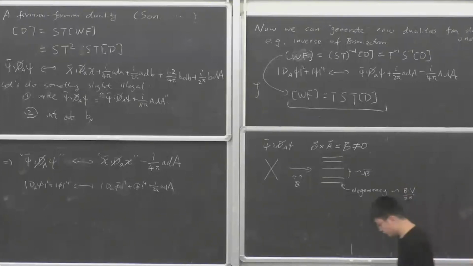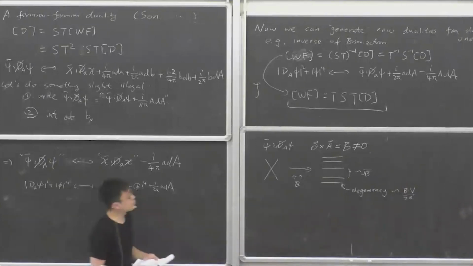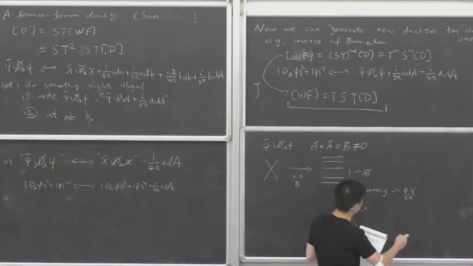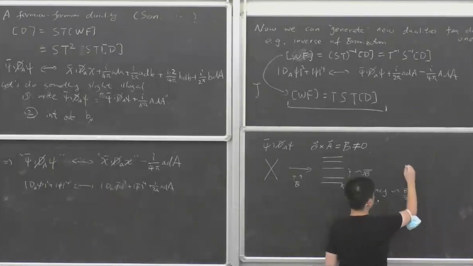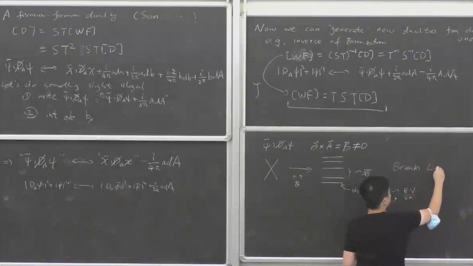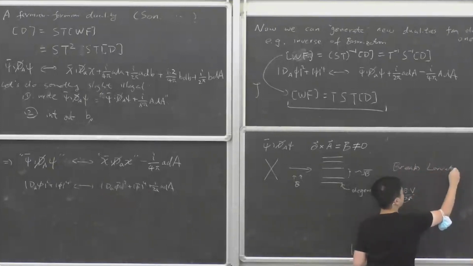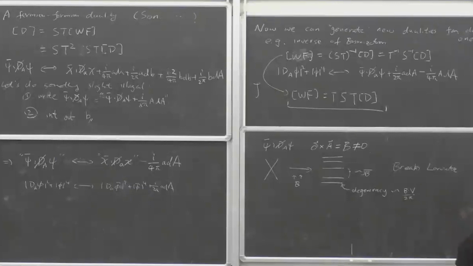So it's essentially a huge degeneracy. And of course, turning a magnetic field on also breaks Lorentz invariance. So we are now pretty far away from the conformal regime. We're talking about something highly non-relativistic.